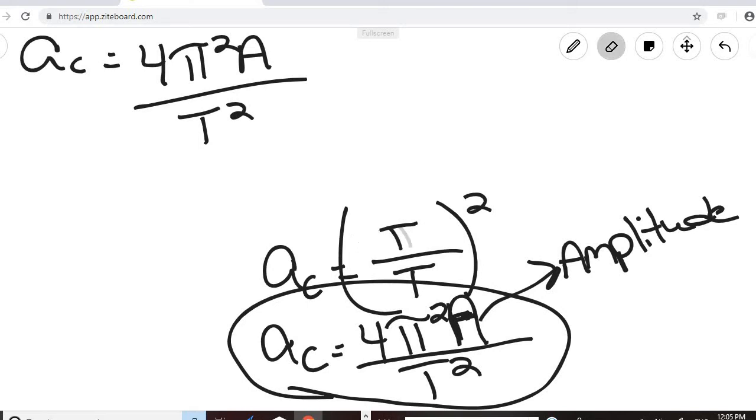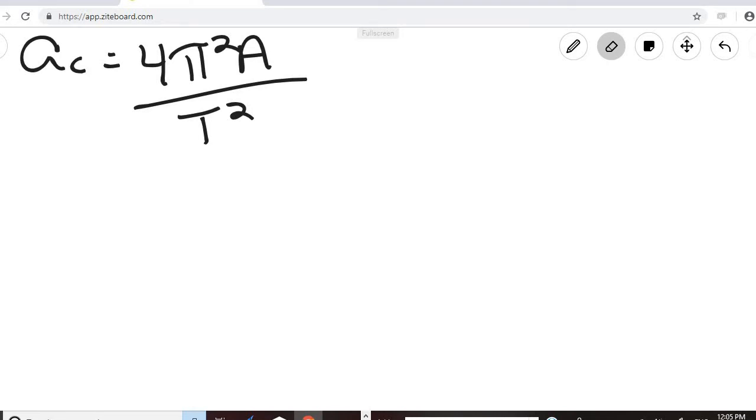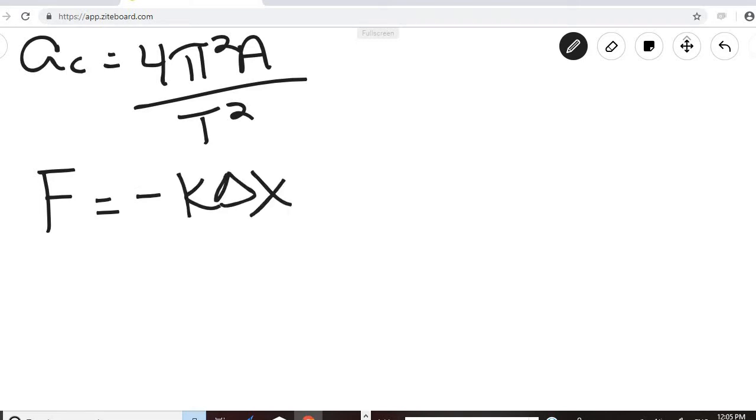Well, previously we have seen that for a mass spring system, force is equal to negative k delta x, and we can replace this delta x with A, so then we have negative k times A. And what is force?